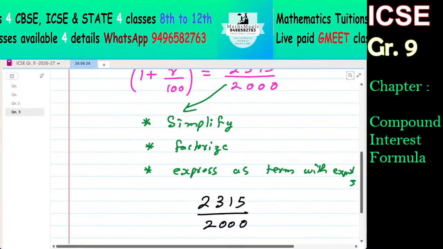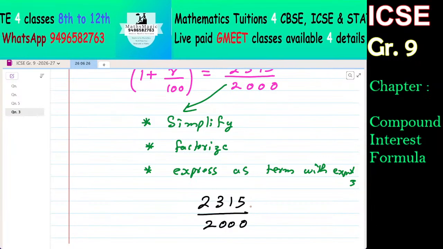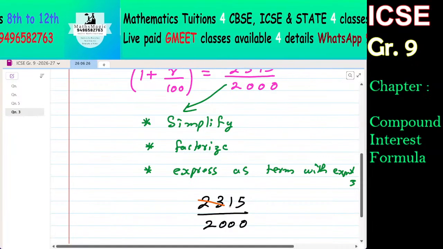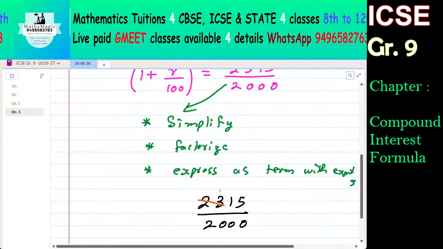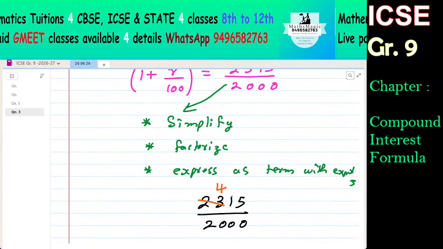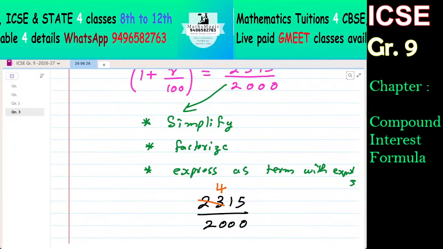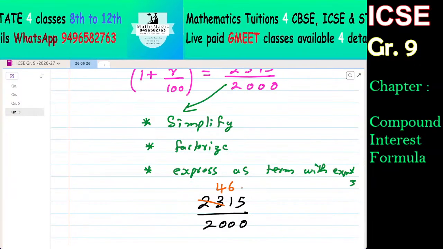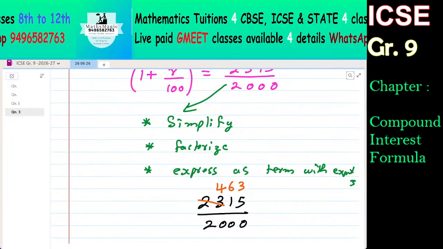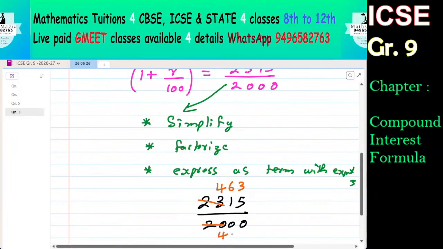That will cost you very badly while writing the board exam. You can cancel with 5: 4 times 31, 6 times 3, 4 times.